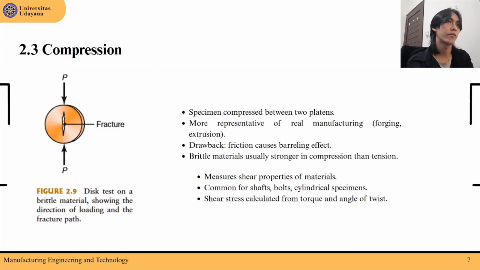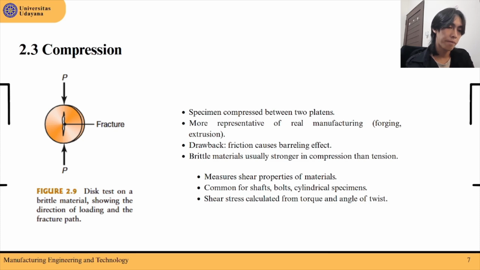Okay, in this slide we have compression. In the compression test, a specimen is pressed between two platens. This test simulates many real manufacturing processes such as forging and extrusion.